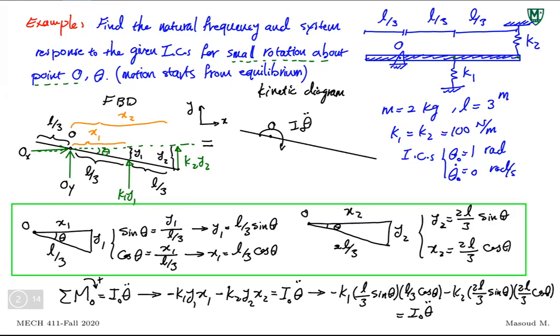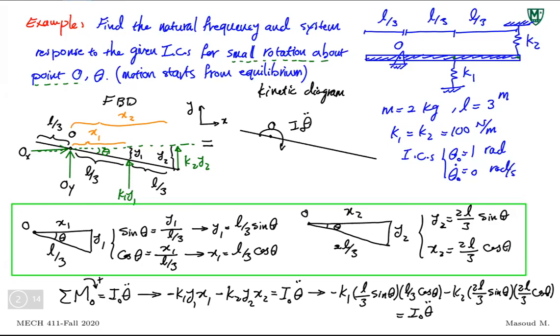We said this gives us a second order differential equation that is nonlinear. How can we linearize it? For a small rotation, remember I drew that unit circle, sine theta is equal to theta and cosine theta is equal to 1 when the rotation is small. We look at the unit circle and we draw that logic from there.